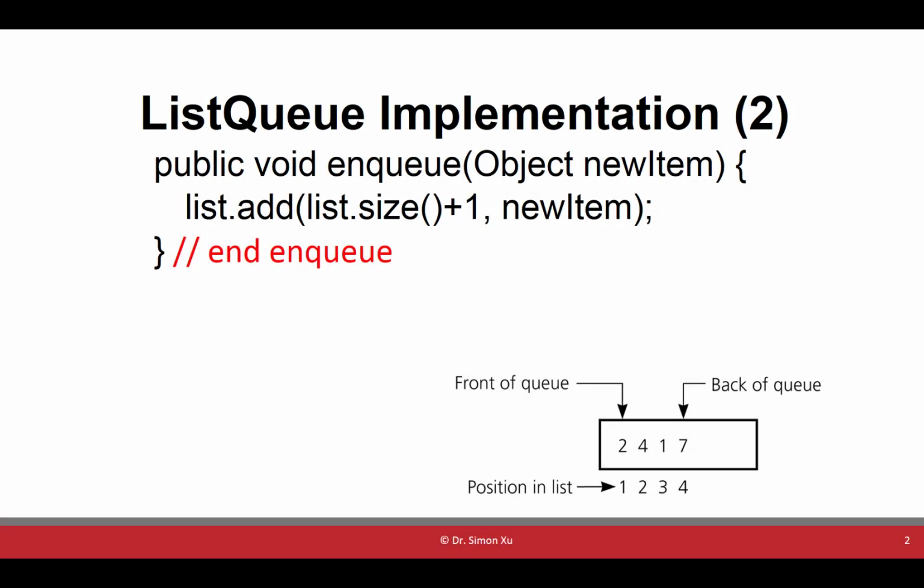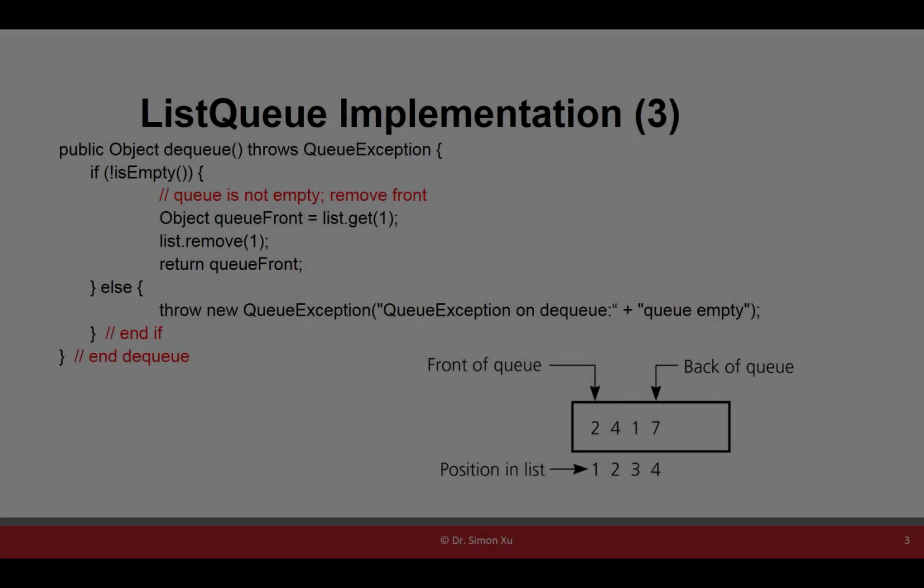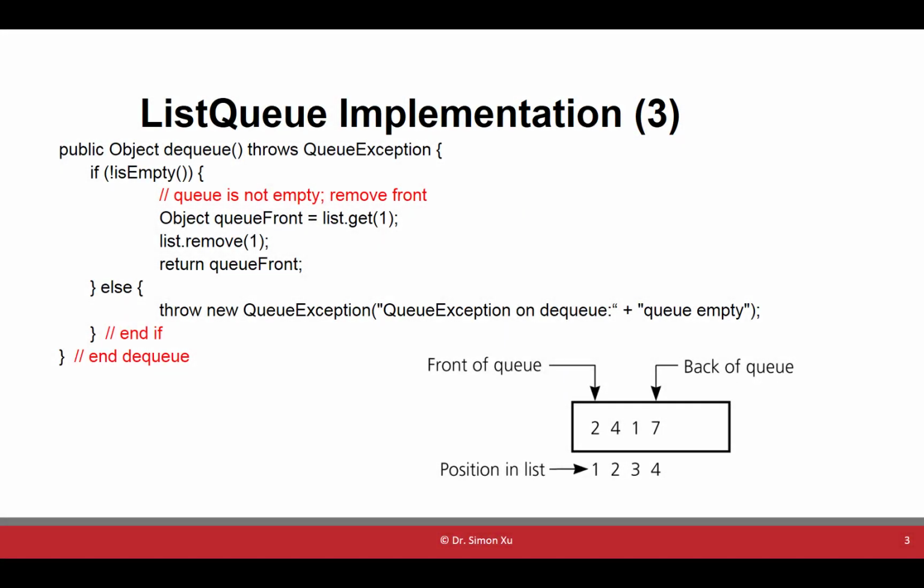For enqueue method, we just simply add the new item to the list size +1 position. Dequeue will simply remove the item in the position 1 of the list. Of course, we need to check if the list is empty or not.